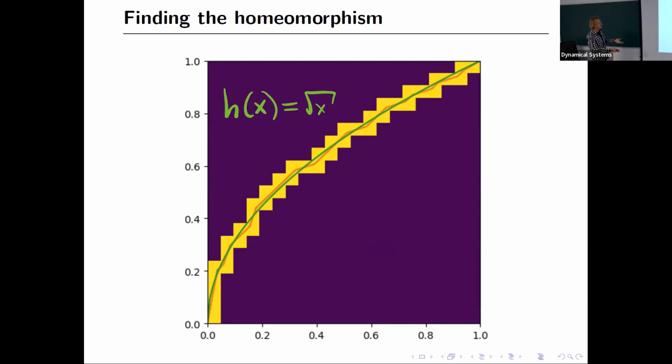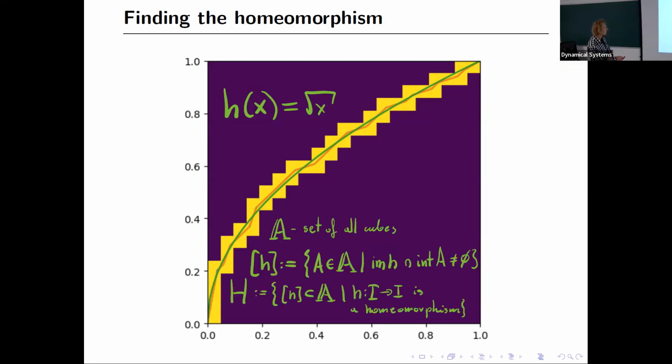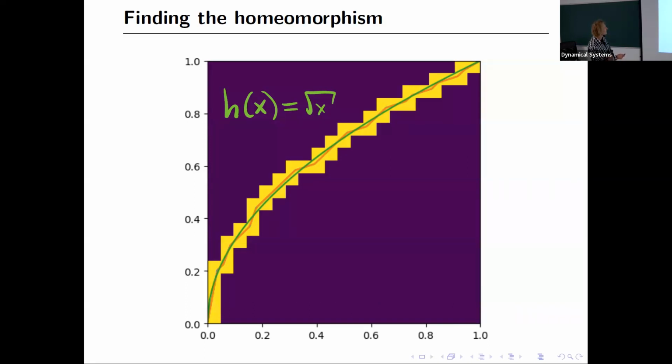Instead of looking for exact formulas, we consider cubical approximations of the map. A cubical approximation of a homeomorphism in this one-dimensional case is, for example, if I say this map, which is just the square of x, then the cubical approximation of this map, this green map, is just this set of cubes.